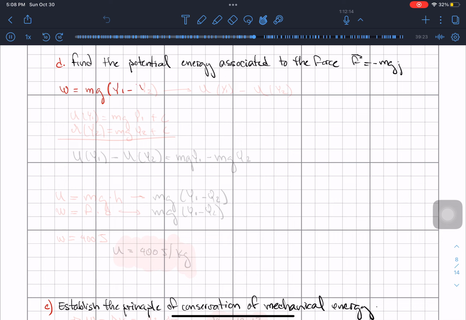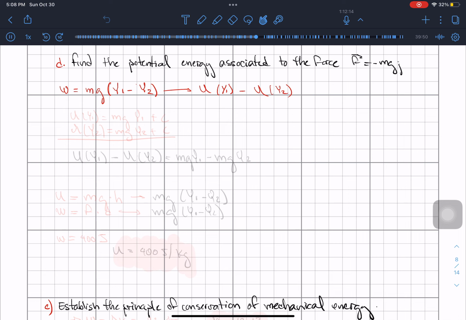So y1 minus y2, right? This will translate to the potential energy at the y1 position minus the potential energy at y2, right?